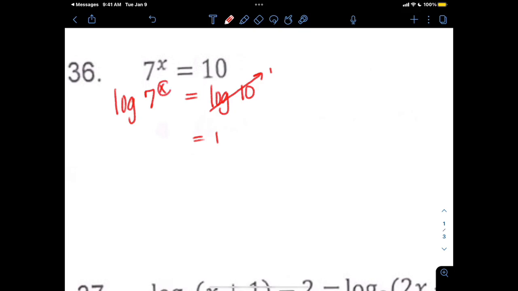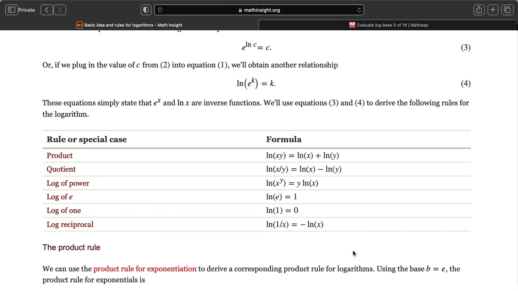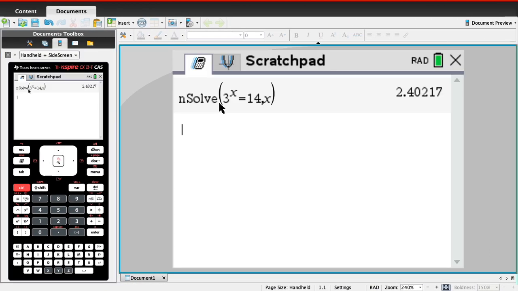And over here, because this is an exponent, I can bring it out. Now I'm going to go ahead and divide both sides by log 7. And I have my exact answer. If I wanted to plug this into the calculator, I could.